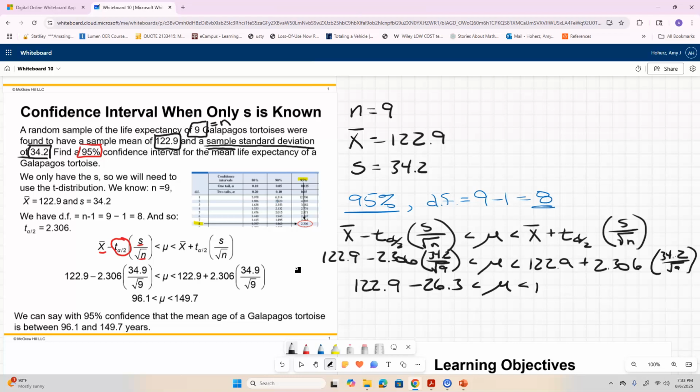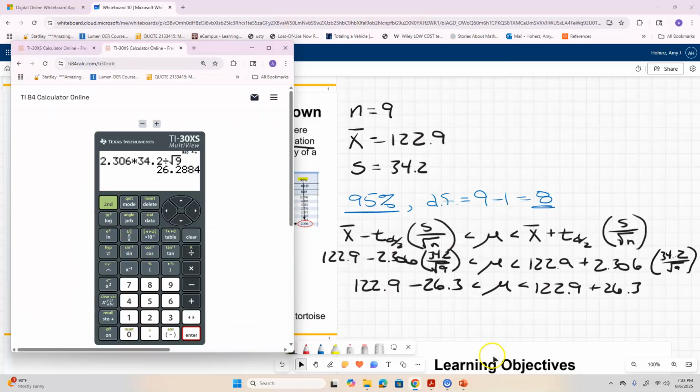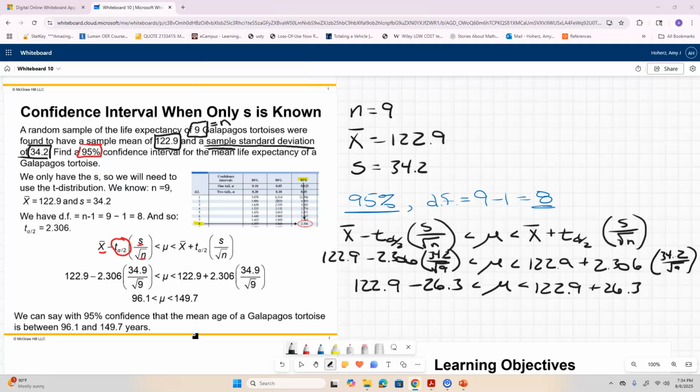So on the other side it's just going to be 122.9 plus 26.3. So when I take 122.9 and I subtract the 26.3, I'm going to get 96.6. So my lower bound for my confidence interval is 96.6. And then when I do my upper bound, I would put in 122.9 plus 26.3, and I would get 149.7.